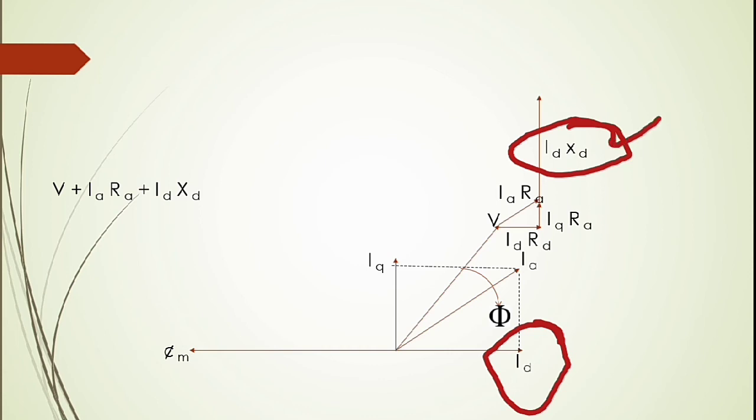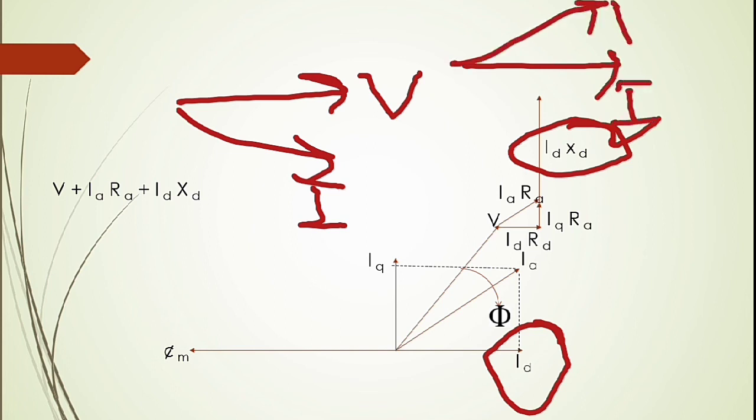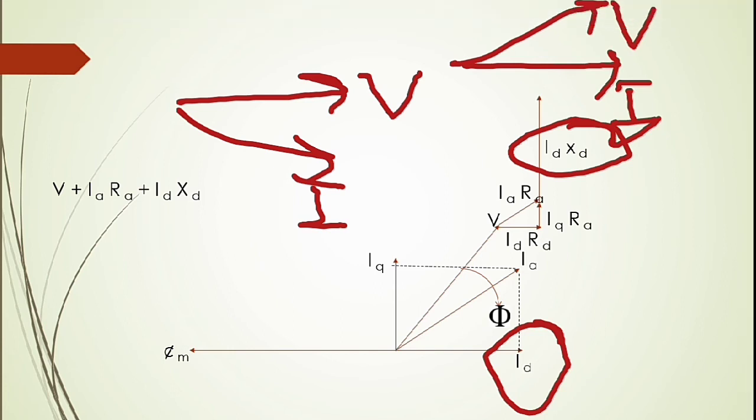Either we say the current is lagging in comparison to the voltage, or we say the voltage is leading. That is the same thing. Either we say the current is lagging or we say the voltage is leading, both are the same thing.